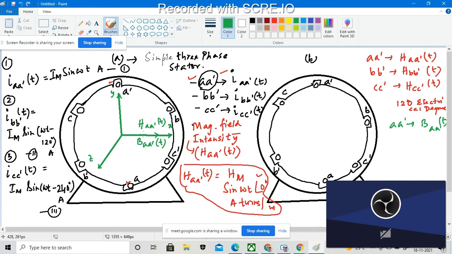This will be the y-axis, which is 120 electrical degrees apart from the x-axis, so it will be drawn like this.